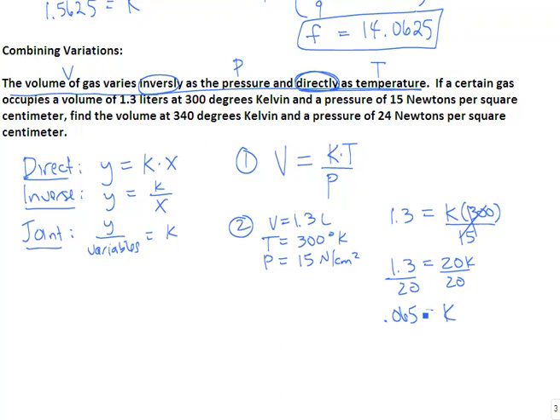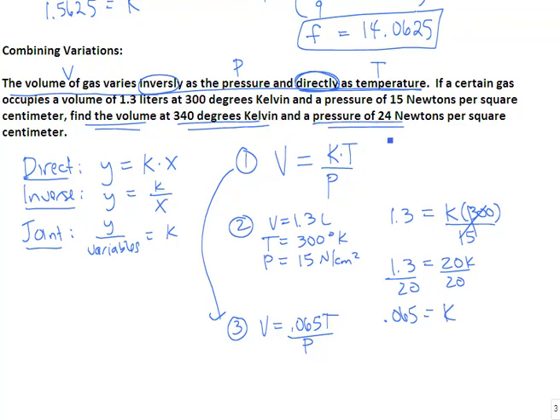So now we know K, so let's substitute that back into our original variation. So V equals 0.065 T divided by P, and now we need to substitute in the values that they give us so we can find our missing variable, and that's the end of the sentence here. Find the volume, so we're looking for V, at 340 degrees Kelvin, that's your temperature, and a pressure of 24 newtons per square centimeter.